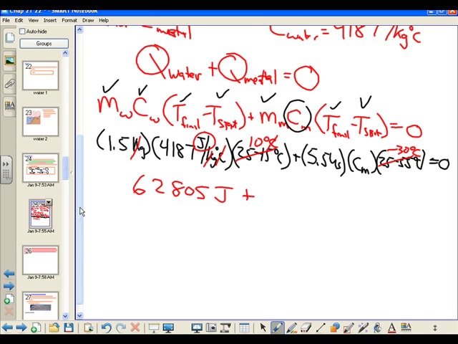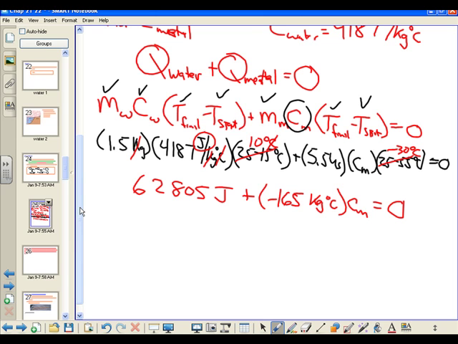Plus, here I have kilograms times degrees C. So I have 5.5 times 30, and so I get a negative 165 kilograms degrees C times C in my metal, and that equals 0. So notice, remember, number plus a number times a variable equals 0. So we're really at that 5 plus 3x equals 0 thing.